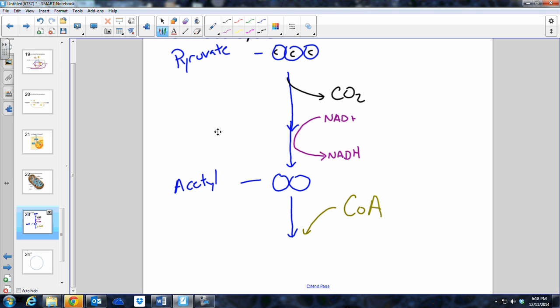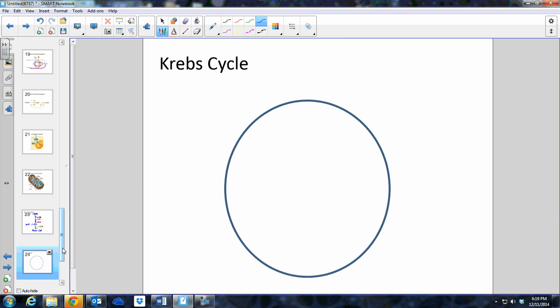And when CoA picks up acetyl, this molecule becomes acetyl CoA. So again, remember, enzymes take two things and combine them. It's a way of speeding up the reaction. And so acetyl CoA, which is the coenzyme A plus the acetyl, is what's actually going to be entering into the Krebs cycle.